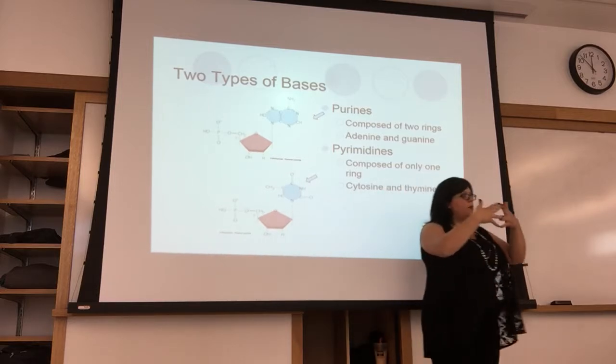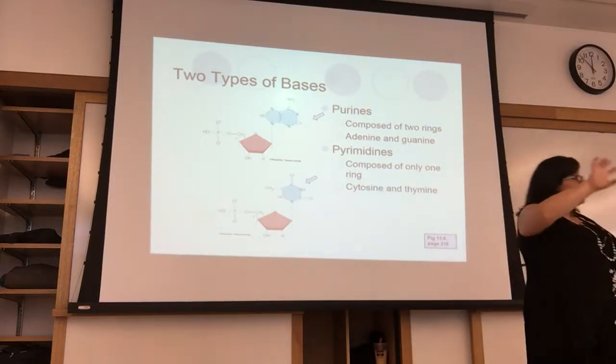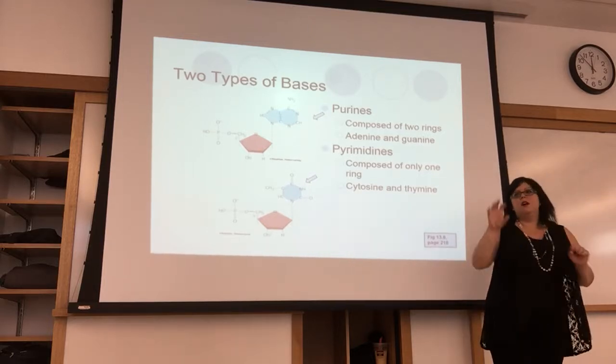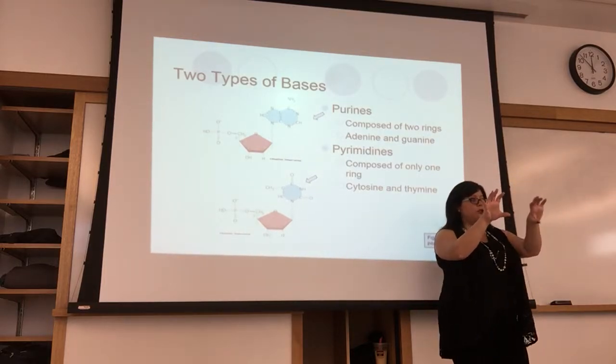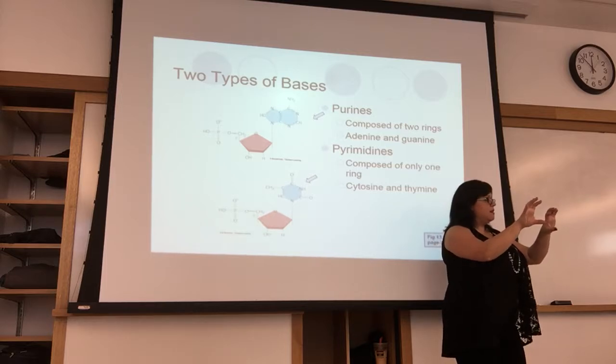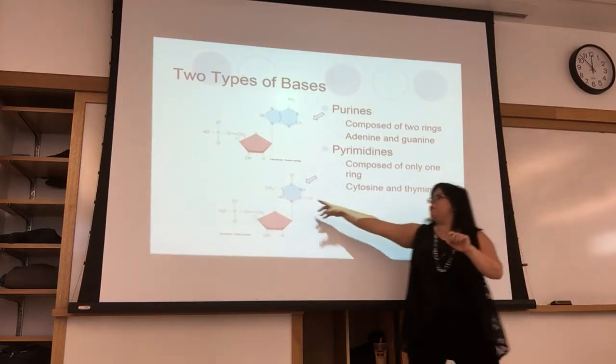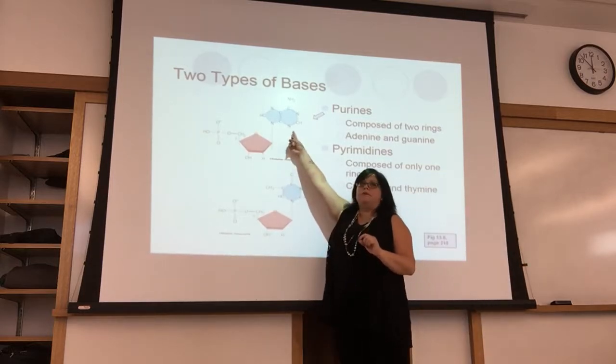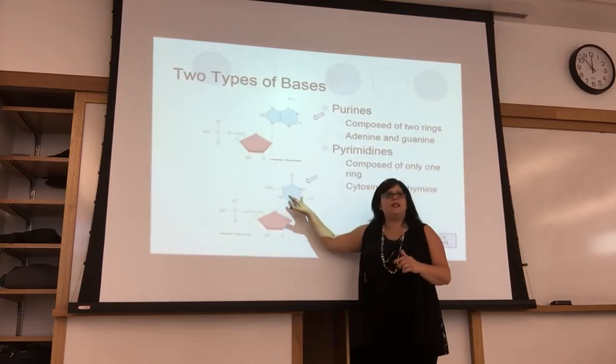You'll only have a hydrogen bond between a base that has 2 rings and a base that has 1 ring. You won't have a purine hydrogen bonded to a purine. Are you with me? You won't have a pyrimidine hydrogen bonded to a pyrimidine. It's only purine hydrogen bonded to pyrimidine.